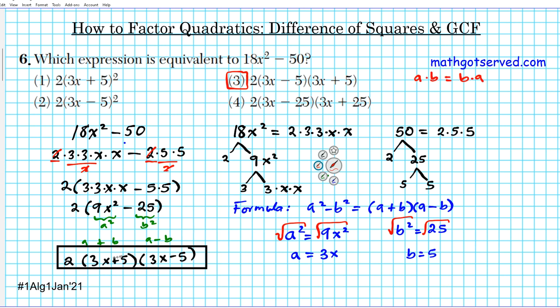So the order in which you write the product of these factors does not really matter. Okay. So here you have 3x minus 5 times 3x plus 5. That's the same thing as 3x plus 5 times 3x minus 5. So don't let the order of these factors throw you off, because the commutative property of multiplication helps us to see that the order doesn't really matter.